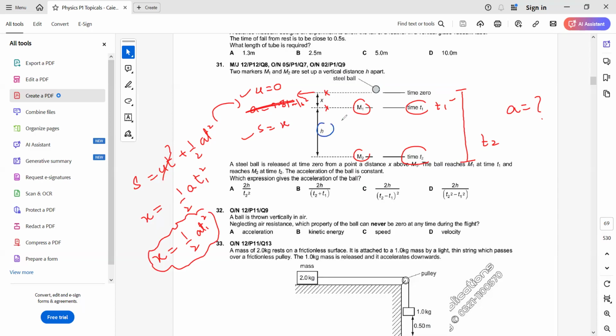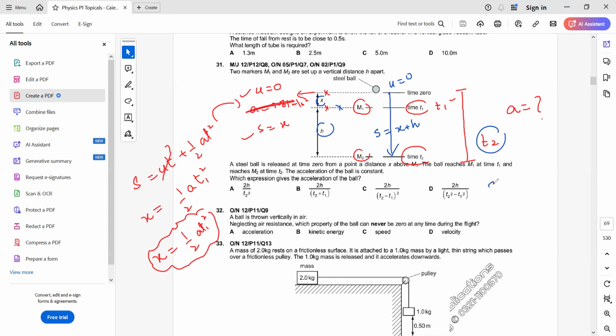So here, the initial velocity is not 0, but some final velocity here, which becomes the initial velocity for the other part. However, if we plan to solve for the entire distance, u is still 0 here, and the total distance would now be s, that's x plus h. Time is going to be t.